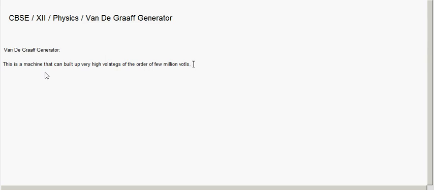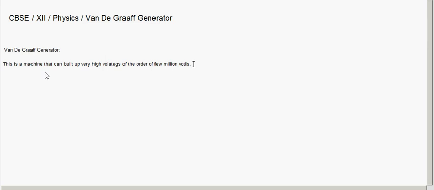And why is this high voltage required? This high voltage is actually used to accelerate charged particles, like electrons, protons, or any ions which are required. They can be accelerated to high energies which are required for some of the experiments.